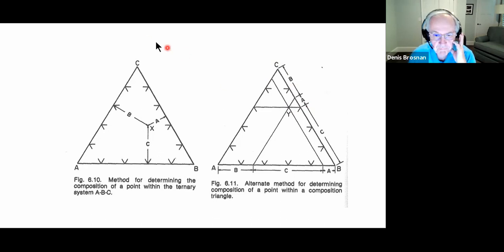So locating a point is easy, but really not required for us today.